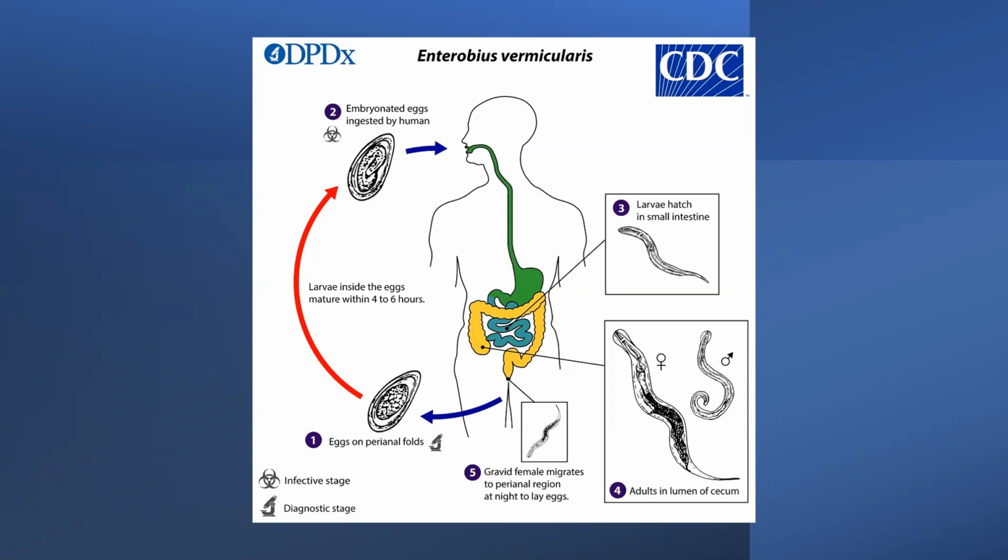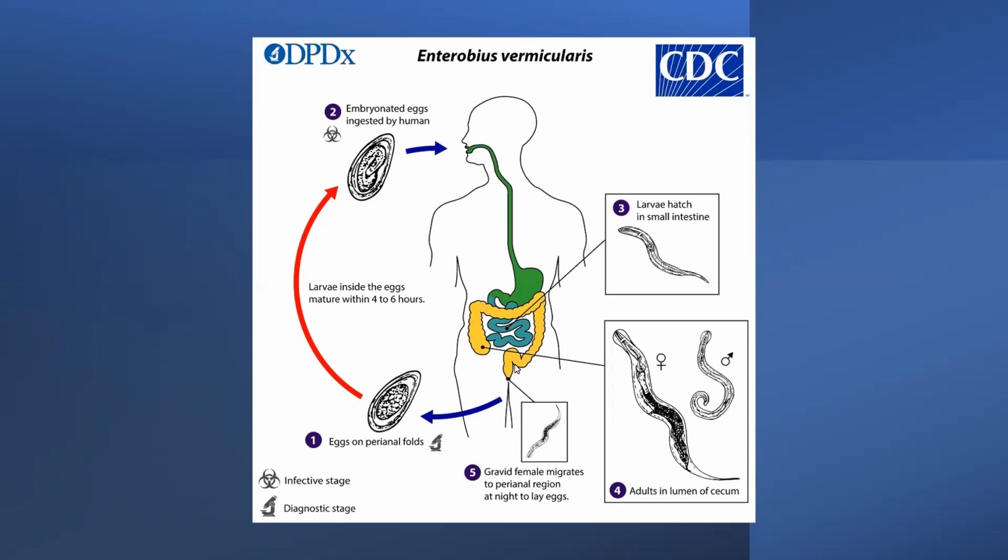Now these can be asymptomatic, or they can cause irritation, oftentimes itching around the anus, because what happens, kind of a weird little thing, is that these female pinworms will travel down to the anus and lay eggs on the anus at night.